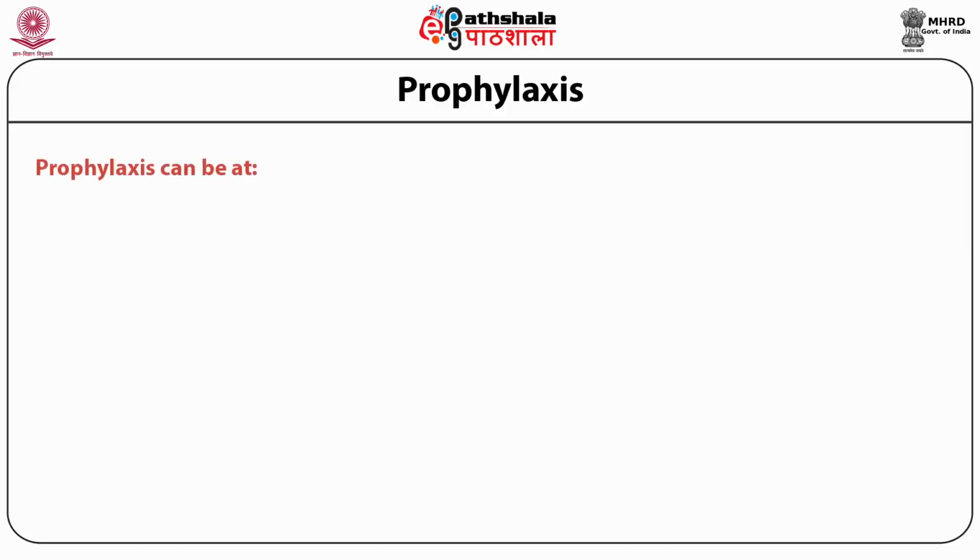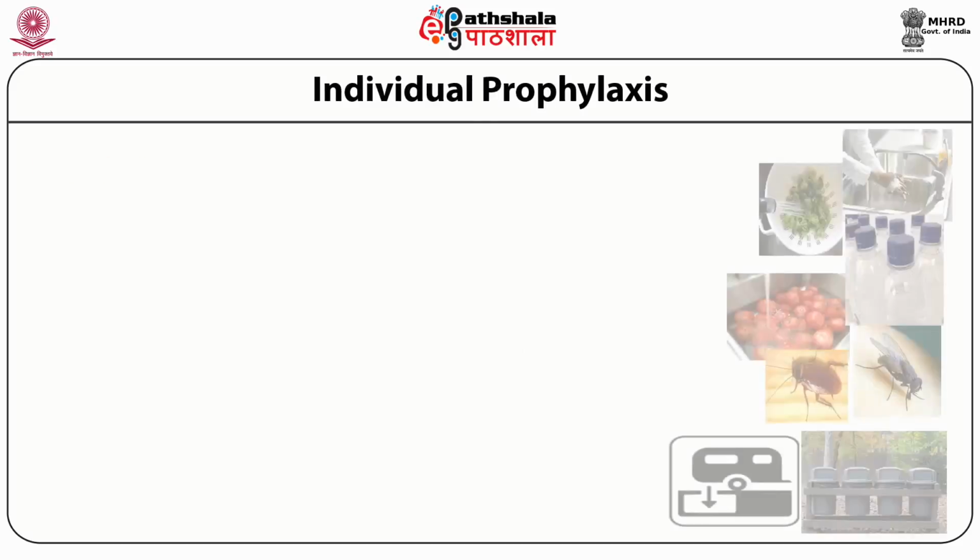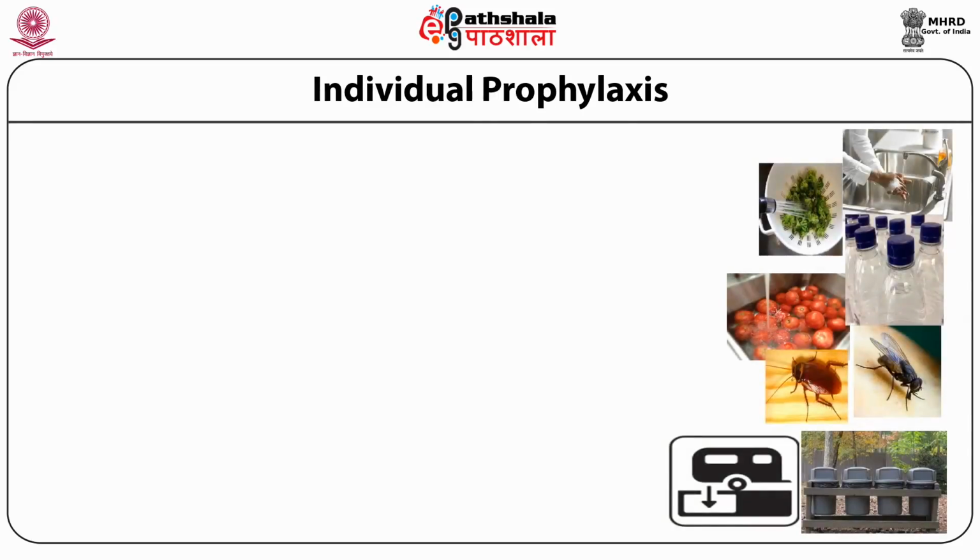Prophylaxis. Prophylaxis can be at individual level and at community level. Let us talk about the individual prophylaxis. We've already done this in our earlier module, where we talked about the morphology and life cycle of Entamoeba histolytica.